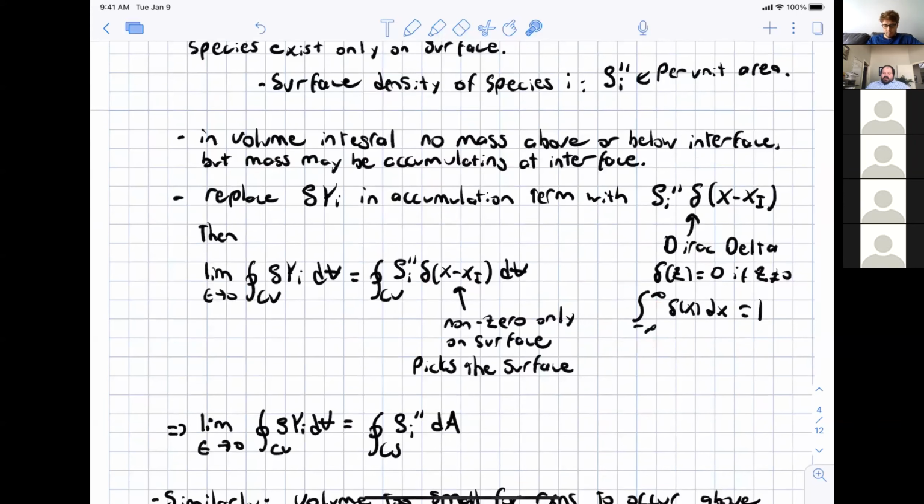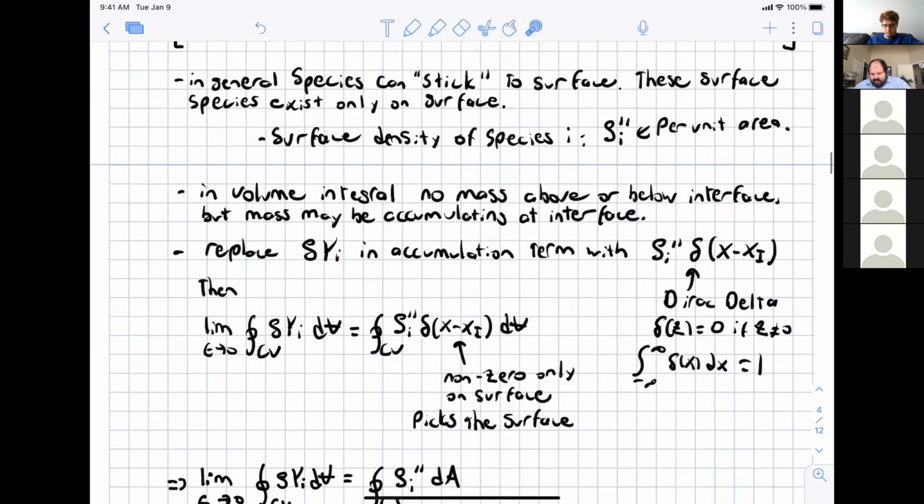So what we're doing here is replacing the standard rho times y_i with the site density of the species, multiplied by this Dirac delta function, which is 0 by definition away from the surface.